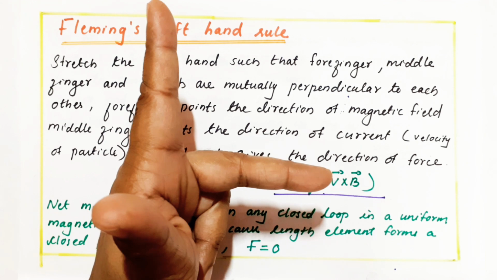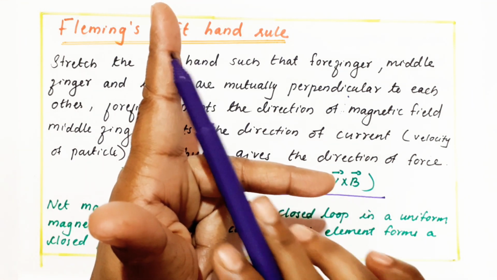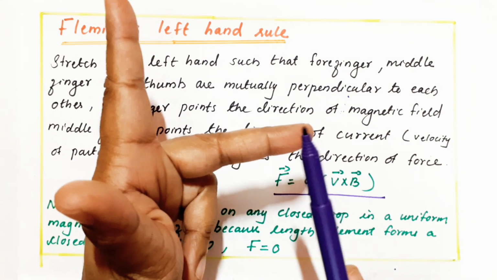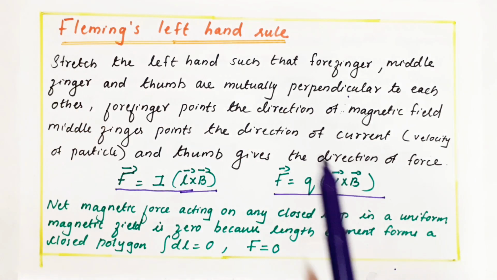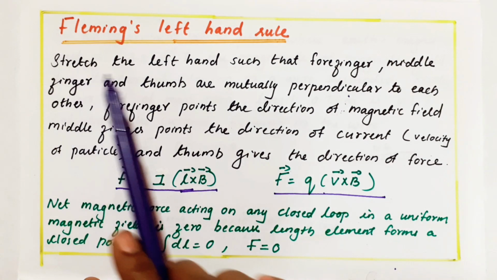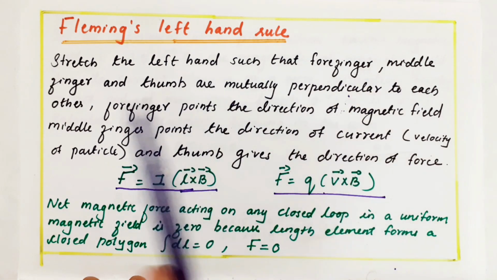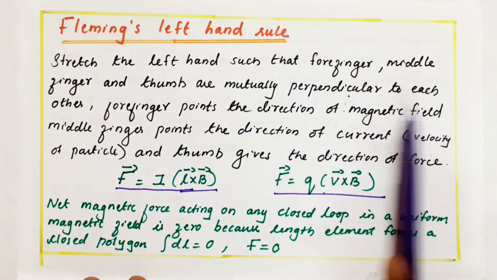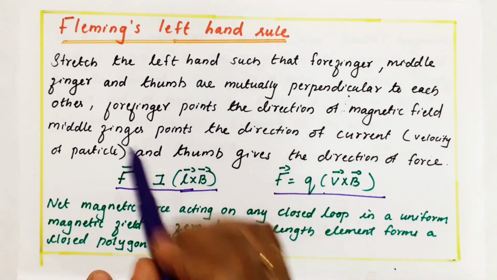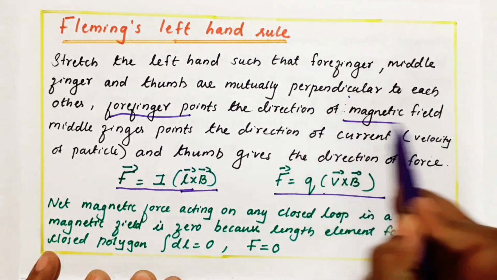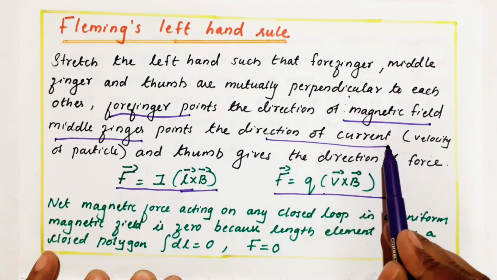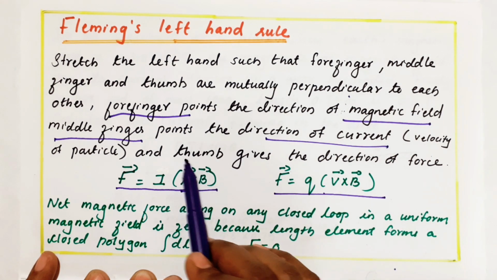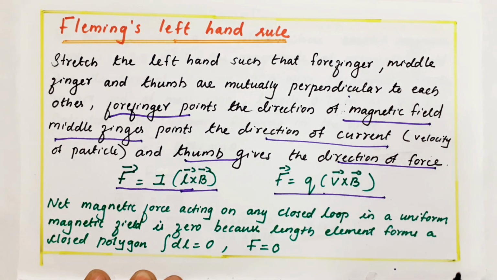Thumb gives the direction of force, forefinger gives the direction of magnetic field, and middle finger gives the direction of current or the movement. So I can stretch the left hand such that forefinger, middle finger and thumb are mutually perpendicular to each other. Forefinger points the direction of magnetic field, middle finger points the direction of current, and thumb gives the direction of force.